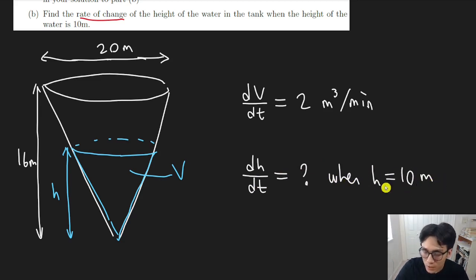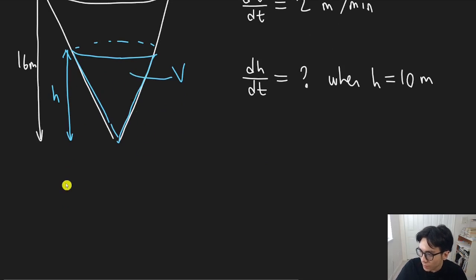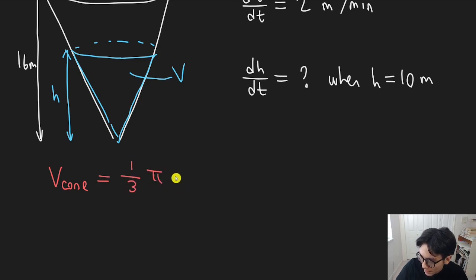Okay. So this is the setup of the related rates problem. We have a situation and we have our two rates that we want to relate together. And for a cone, the way we relate these two variables, volume and height, is through the volume of a cone formula. And the volume of a cone is given by 1/3 pi times the radius of the cone squared, so the radius is here, in this case, from the center to the outside, times height.